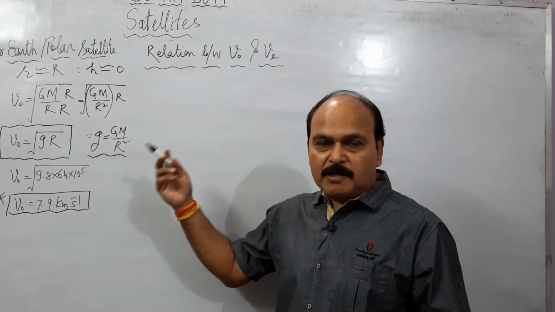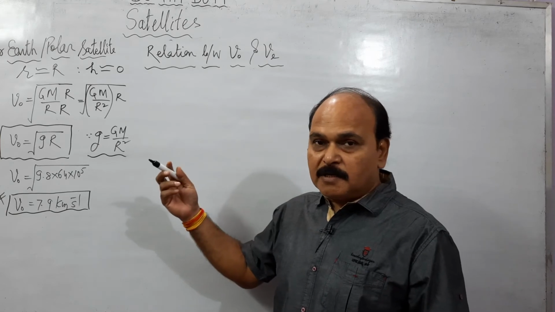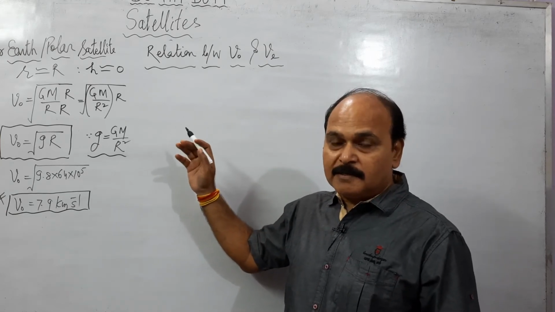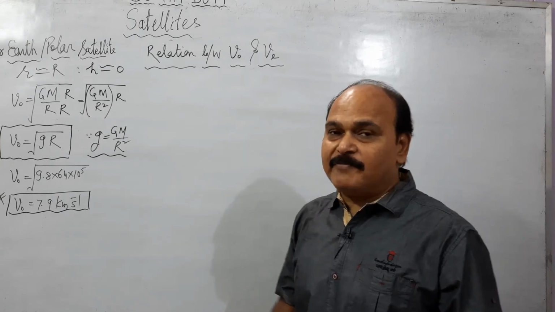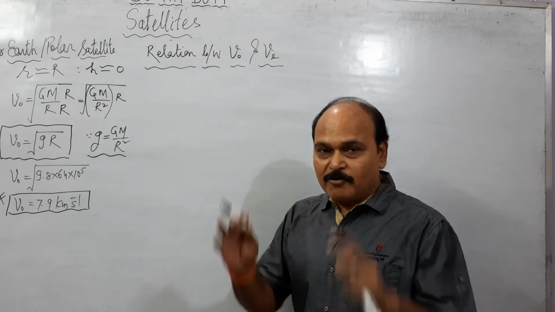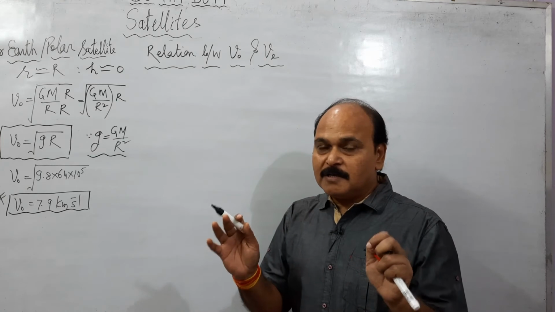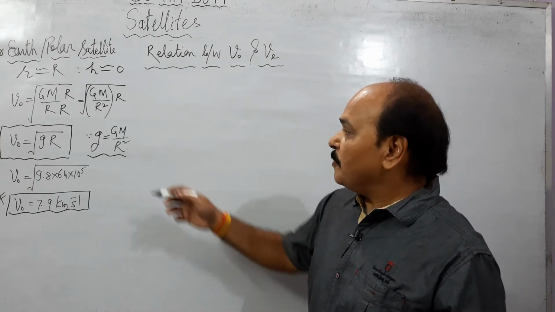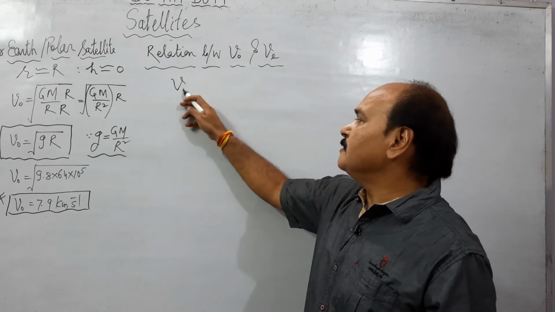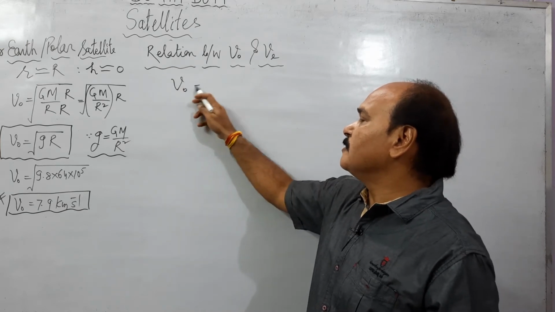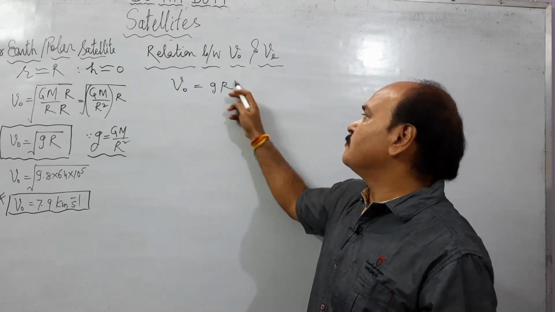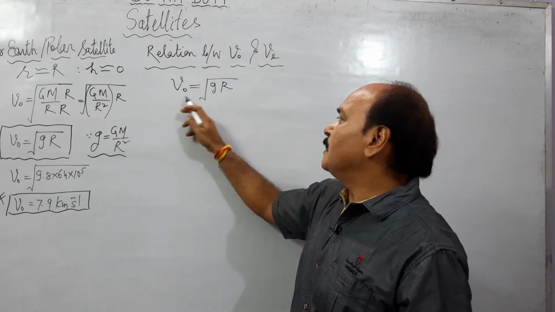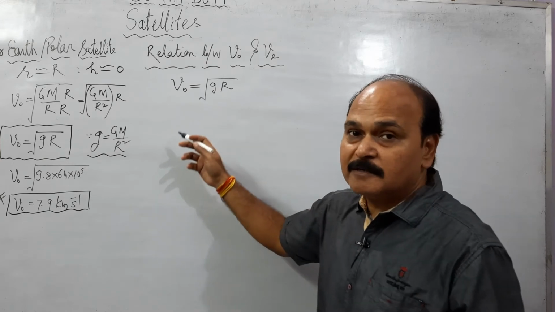Children, I am going to work out a relation between orbital velocity, which we have just studied right today, and in the last class we studied escape velocity. So we are going to work out a relation between orbital velocity and escape velocity. Well, orbital velocity which we have just studied for polar satellite is root gR, where g is acceleration due to gravity and R is the radius of the planet.